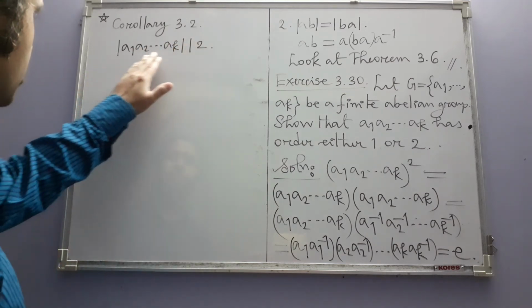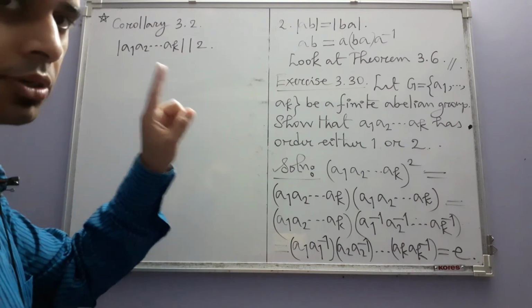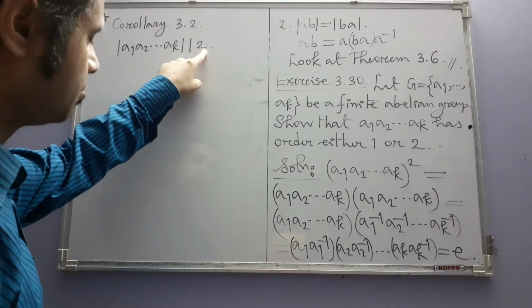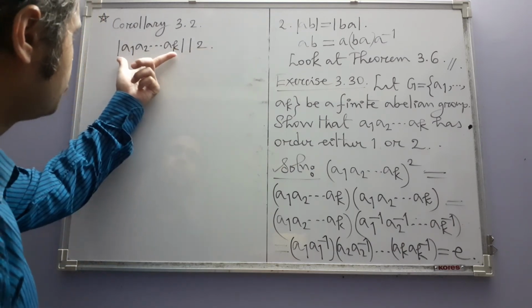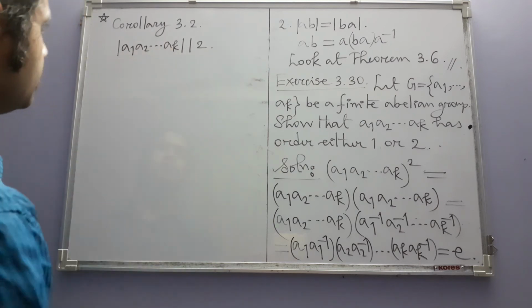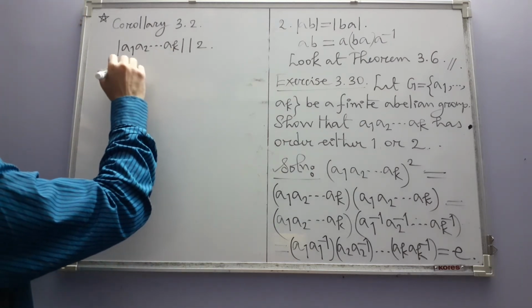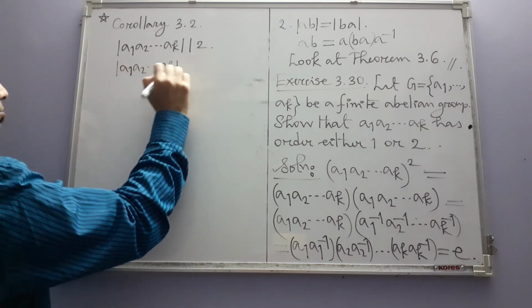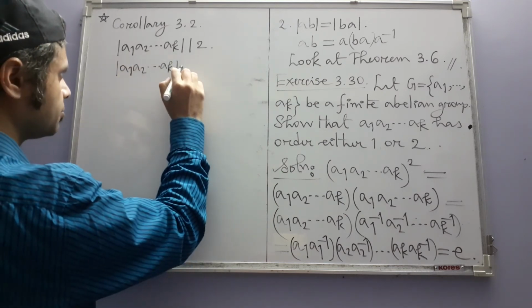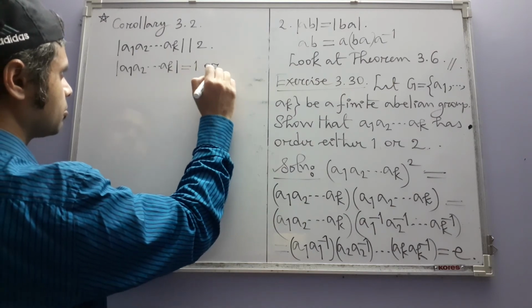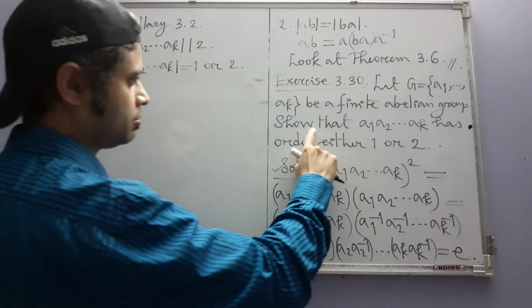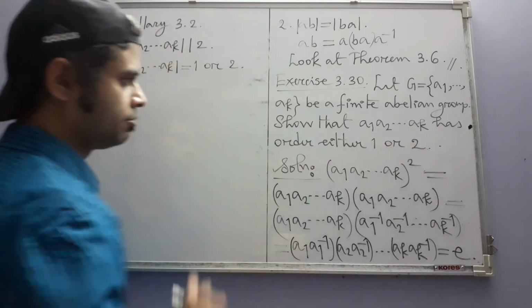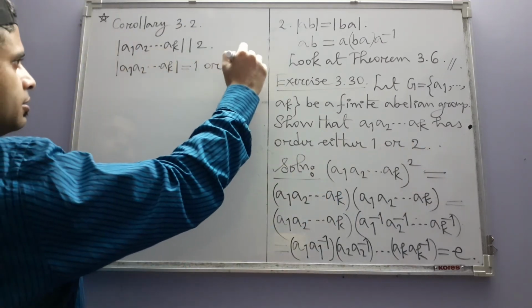Now because the order of any element by definition is a positive integer and 2 is a prime number, there are only 2 possibilities for this order. That is, this order can either be 1 or 2, because those are the only positive divisors of 2. So that's how you get the solution.